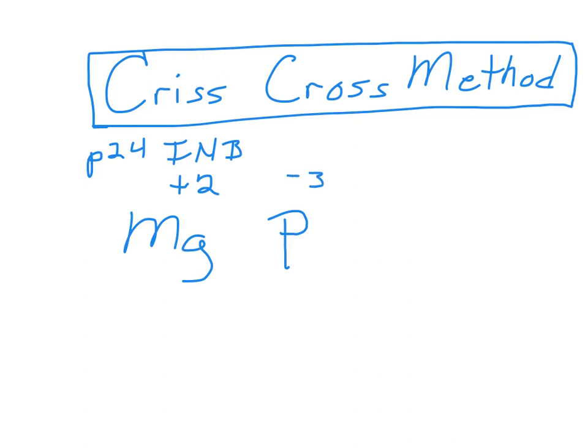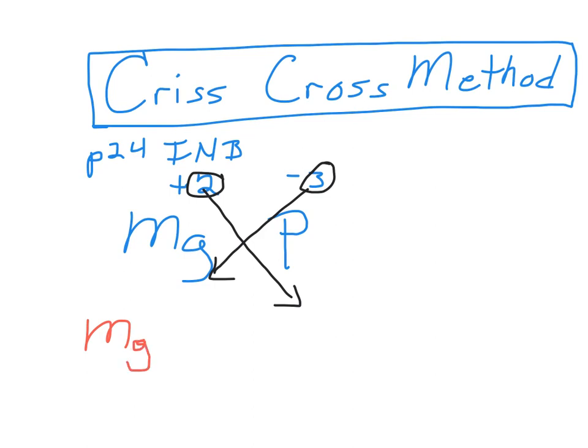Now, what do I mean by crisscross method? This number is going to cross down here, and this number is going to cross down here. So your answer is going to be Mg3P2. Now, the elements stay the same. Your cation always is on the left side, and you're going to have that 3.